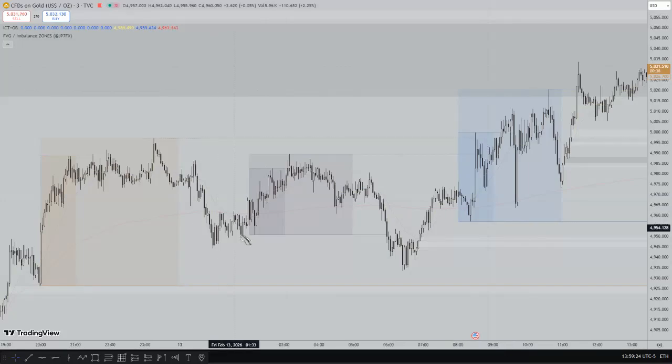So we're going to look for either this low or this high to get swept. Or if it's not going to get swept, like just like this, then it will come down and respect this area as resistance and then continue the trend downwards.